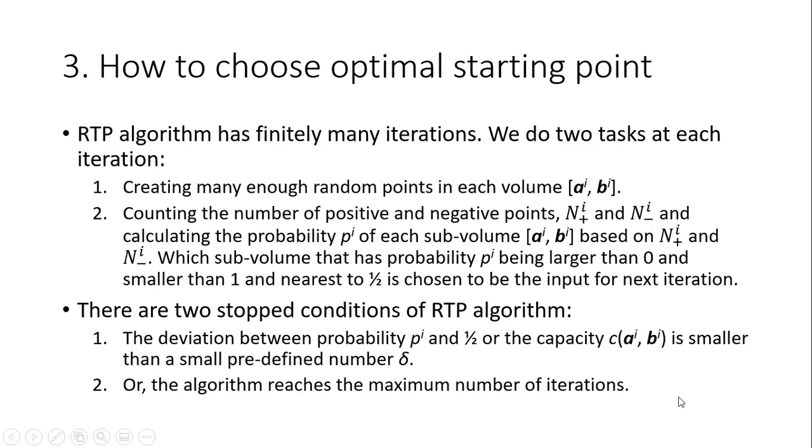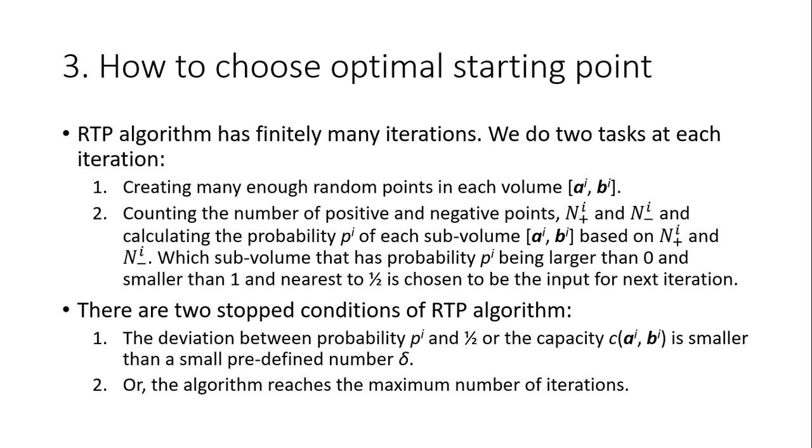How to find the optimal starting point? The RTP algorithm has finitely many iterations. We do two tasks at each iteration. First, creating enough random bonds in each volume AI-BI.